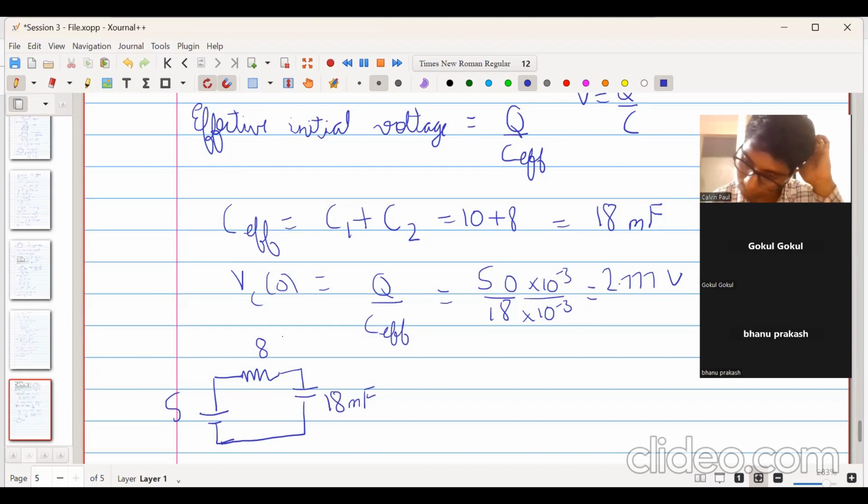We want to find this voltage Vc of t. So can you tell me what will be the final steady state voltage across this capacitor, that is Vc of infinity?